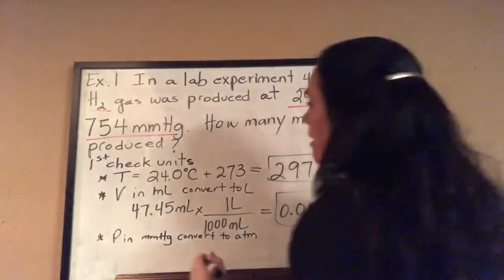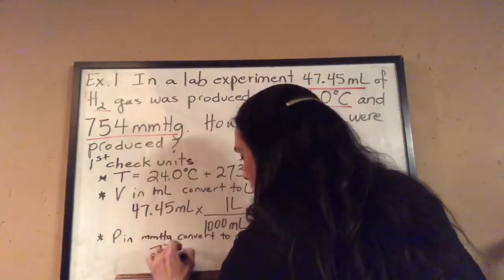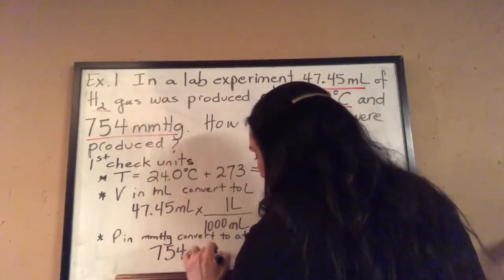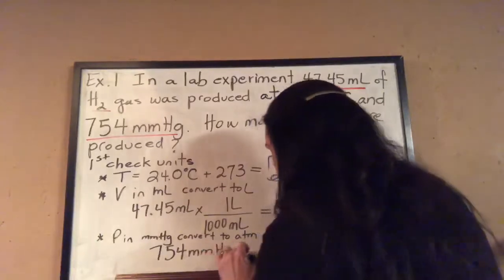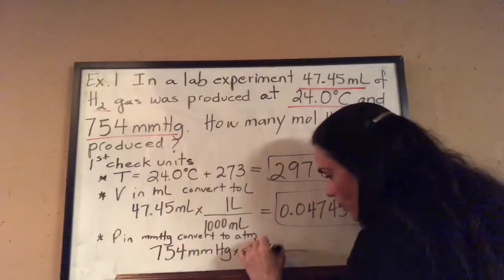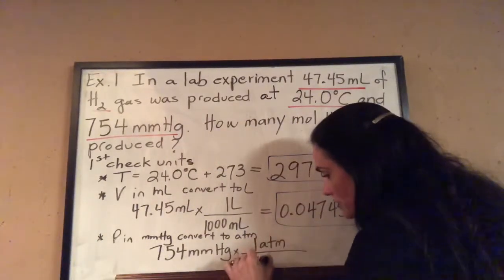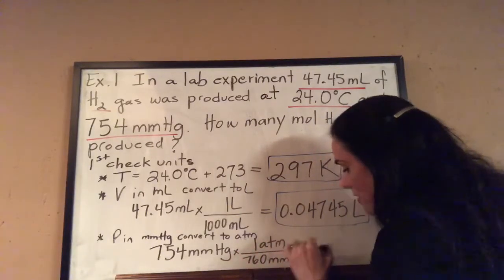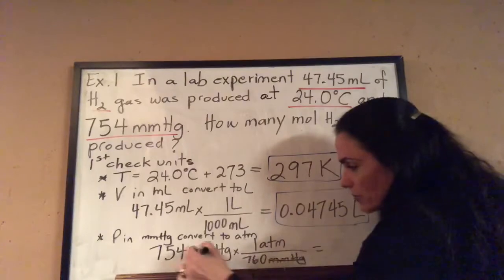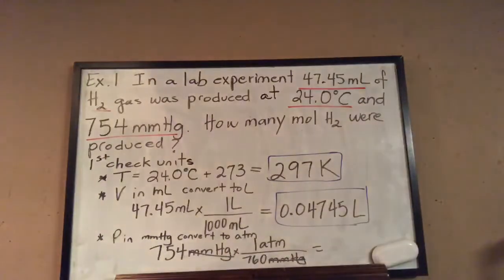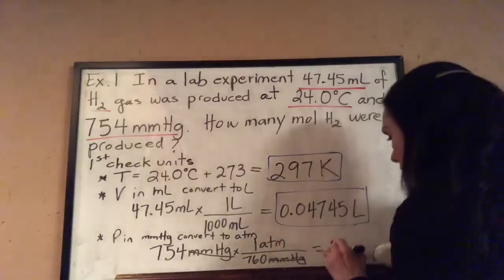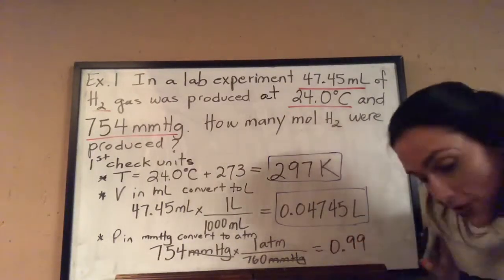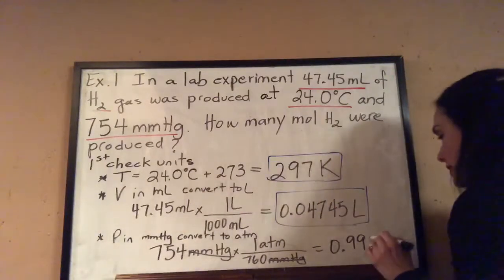So we have 754 millimeters of mercury, and in 1 atmosphere we have 760 millimeters of mercury. Cancel out millimeters of mercury, so now we have 754 divided by 760 to give us 0.992 atmosphere.